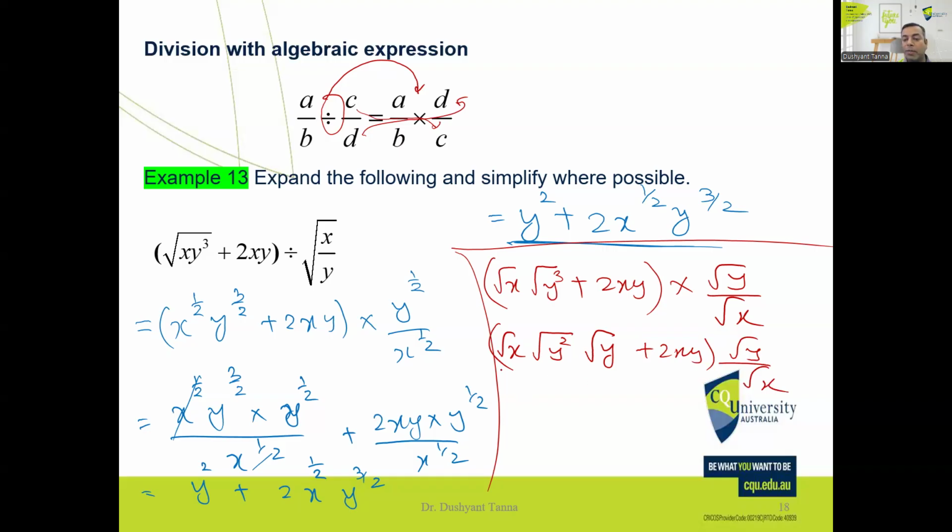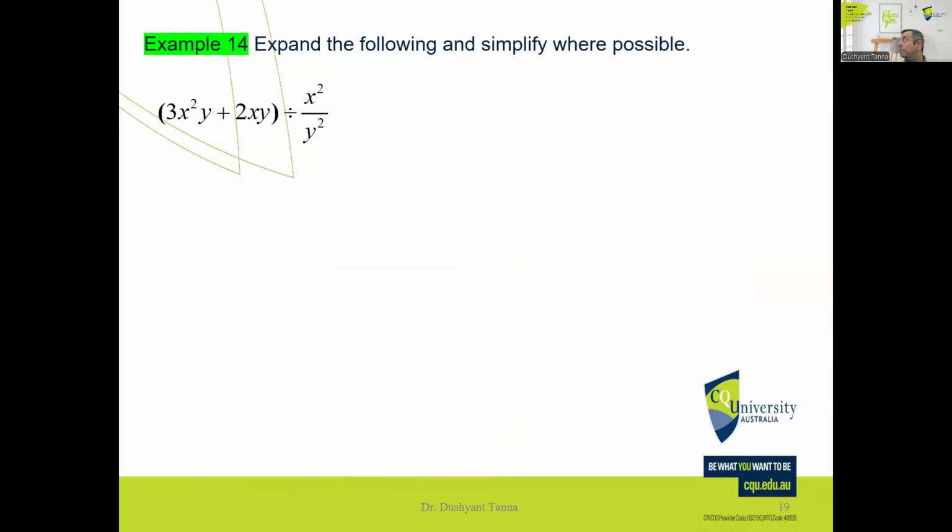So when you multiply, the root x will go, root y and y. So this is y, and this will be y square. 2y and root y times root x, and that will be pretty much the same answer. So you don't always need to convert to half power. Leaving it as a root can also do the job. Make sense? Yeah. Give this one a go.